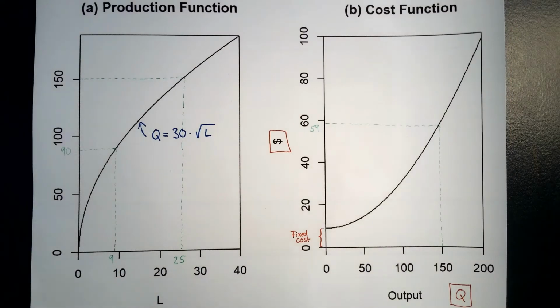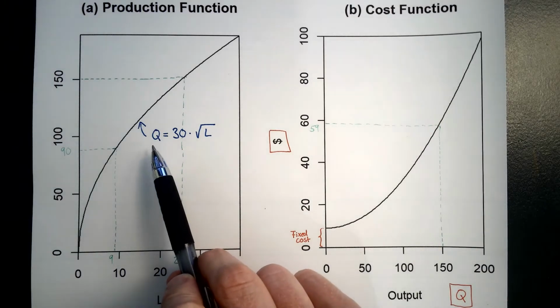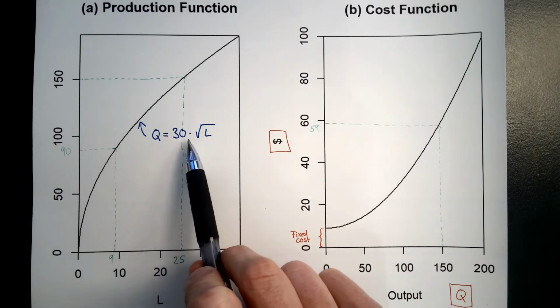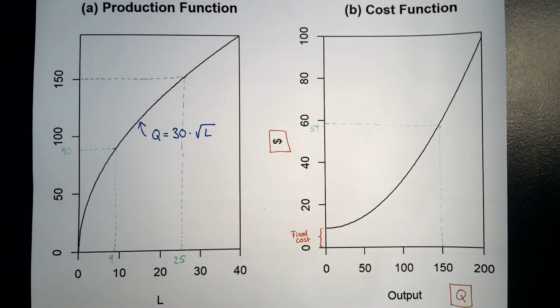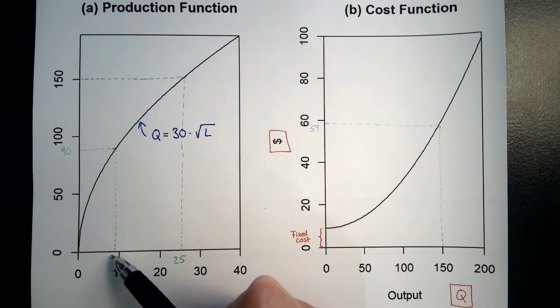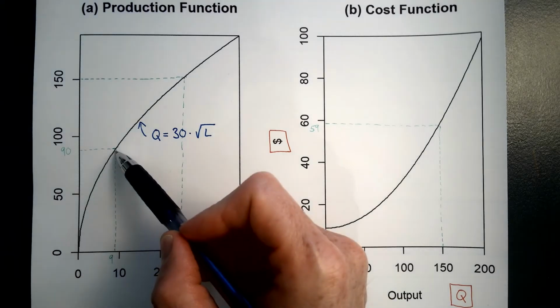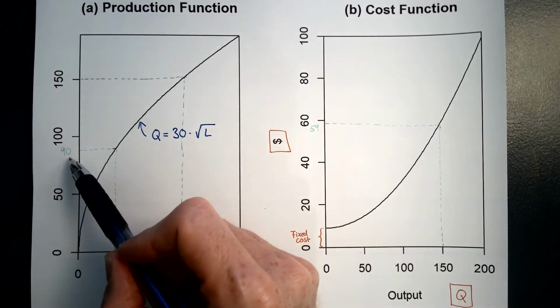So here is a computer-generated graph of the information we have just seen. On the left-hand side, you have the production function, or the short-run production function, where we have Q as the output equal to 30 times the square root of L. So if you look at the table we have just constructed, if, for example, you are employing 9 workers, then your output is 90 units.